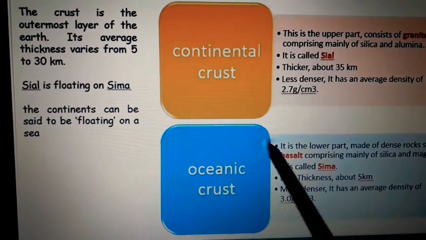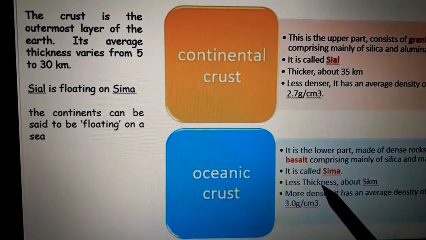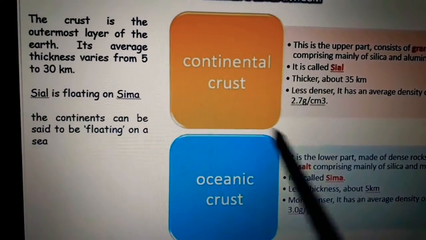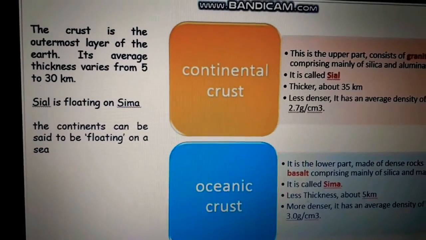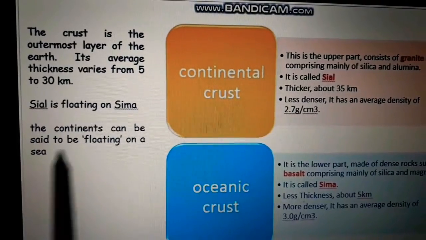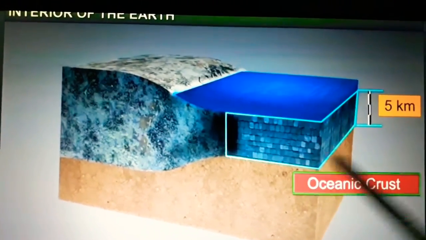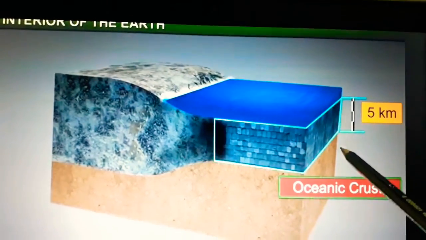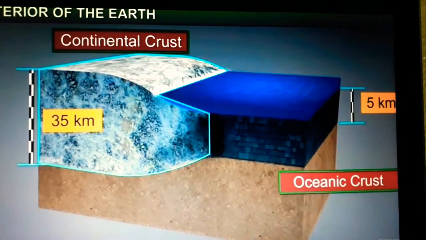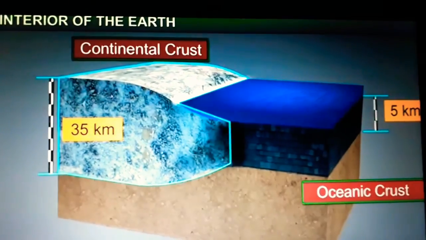Okay, so the oceanic crust, that is sima, okay, and the sial is floating on sima. Okay, sial is floating on sima. The continents can be said to be floating on the sea. Okay, here is the picture of oceanic crust, whose thickness is about 5 km, and next one is the continental crust, whose thickness is 35 km.